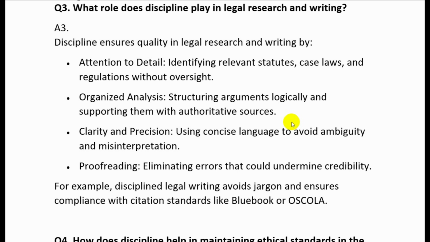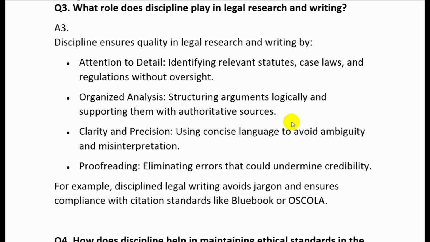Quality is required more than the quantity. Attention to details. First, identifying relevant statutes, case laws, and regulations without any oversight. That is, we have to understand which statutes or case laws are applicable to our case, to our matter.